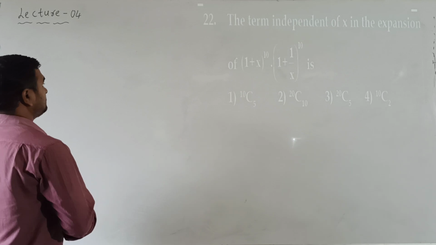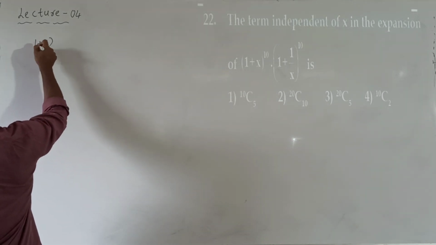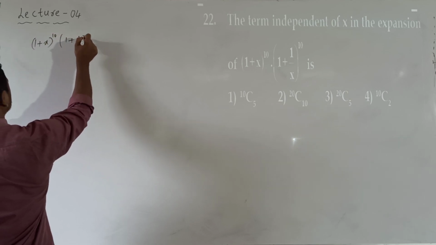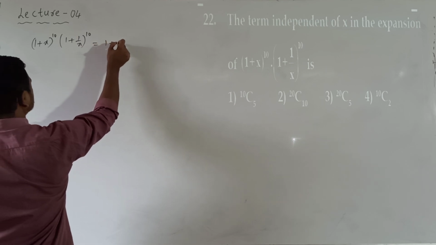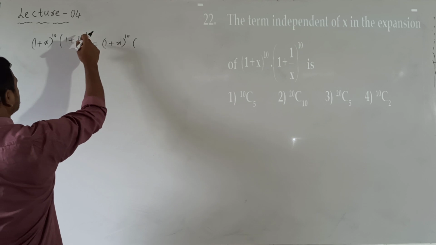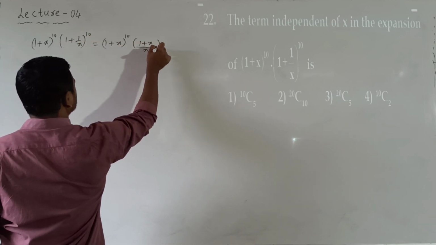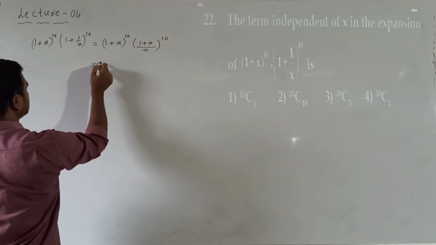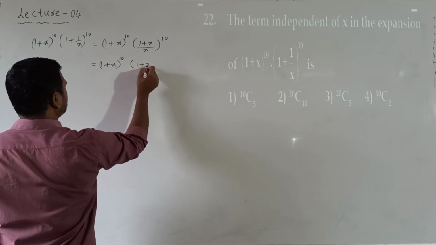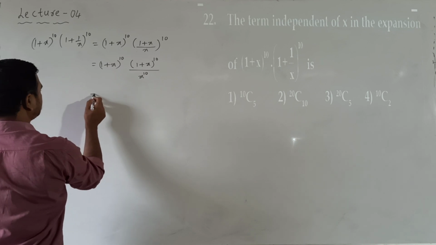So let us simplify the product first. (1 + x)^10 (1 + 1/x)^10 can be written as (1 + x)^10 times ((1 + x)/x)^10.